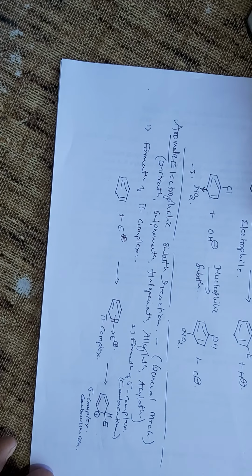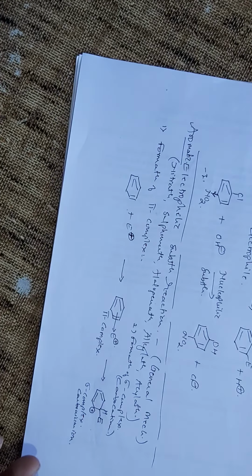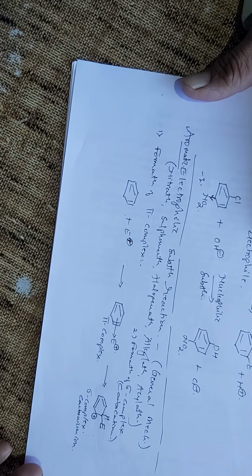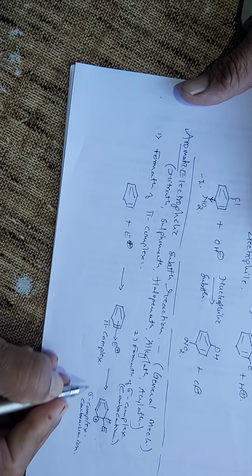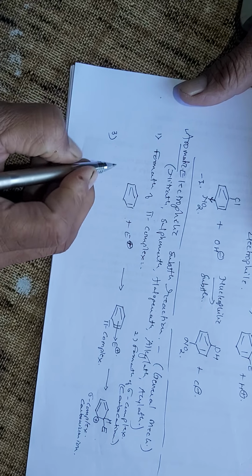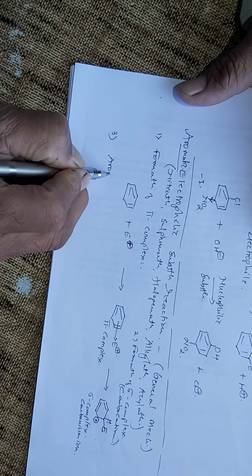Once this carbonium ion is formed, the third step is the aromatization of the sigma complex.